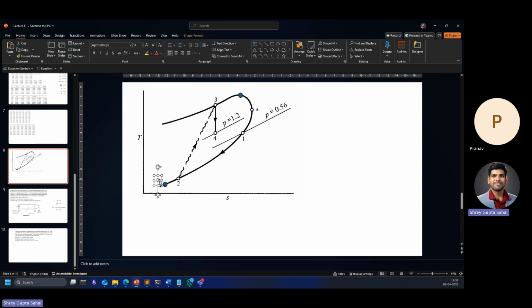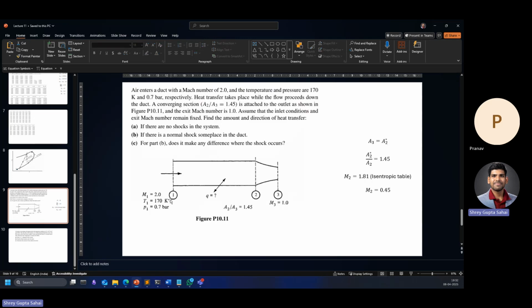Let's say final is F. Note that both F and 0 again have the same sonic conditions, which implies that the initial and the final temperatures are fixed, because Mach numbers are fixed. Mach number at 1 is fixed, Mach number at 2 is fixed. Because there's a change in internal energy, Q is Cp delta T, and these are state properties. So it will not matter where the shock occurs.